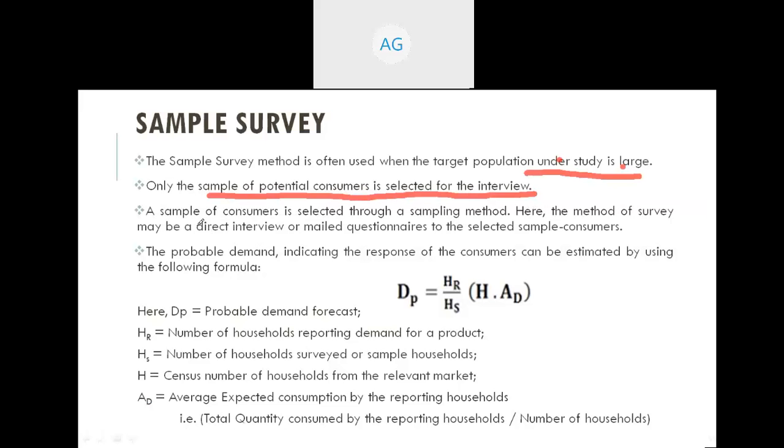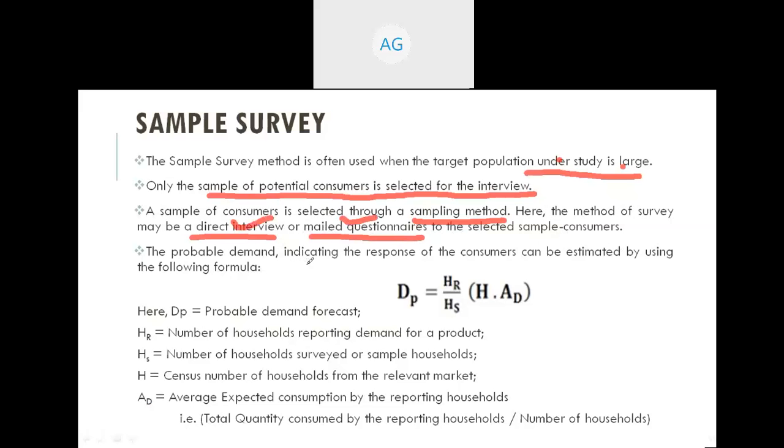A sample of consumers is selected through a sampling method. Here the method of survey may be a direct interview or a mailed questionnaire to the selected sample consumers. So both methods can be taken into account here. A direct interview can be done, or a questionnaire can be mailed to the consumer.